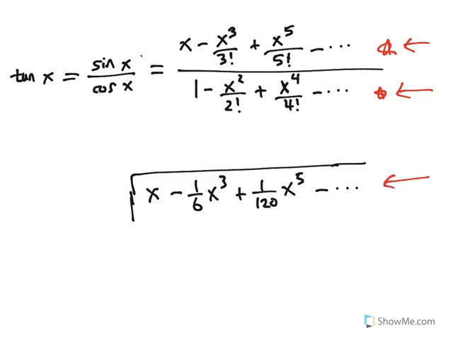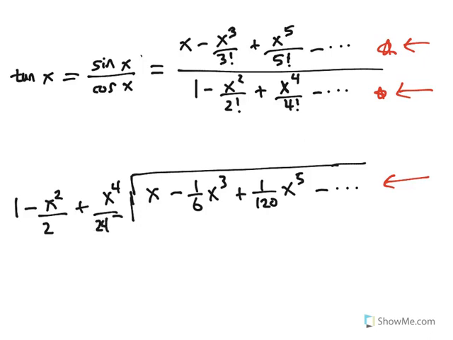So here I have the first 3 terms of the Maclaurin series for sine x, written in, of course, ascending order of degree. And for the divisor, I'll write the first 3 non-zero terms of the Maclaurin series for cosine x in ascending order of degree. 2 factorial is 2, and 4 factorial is 24.